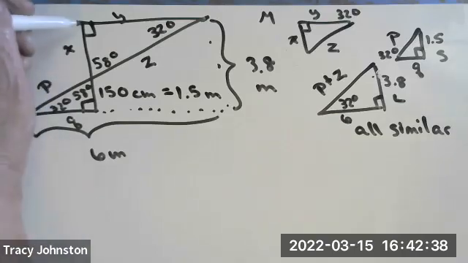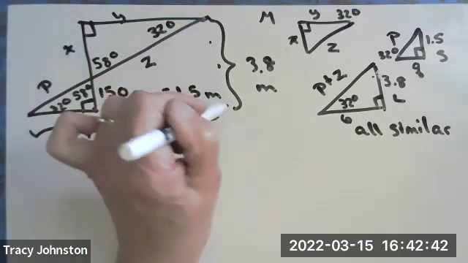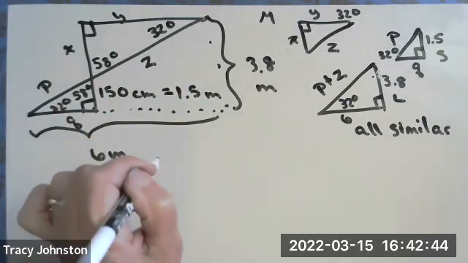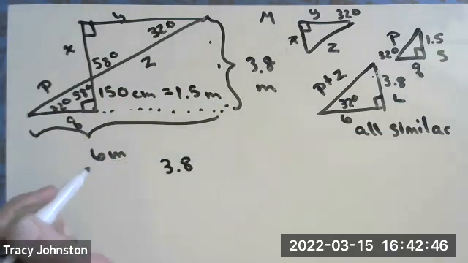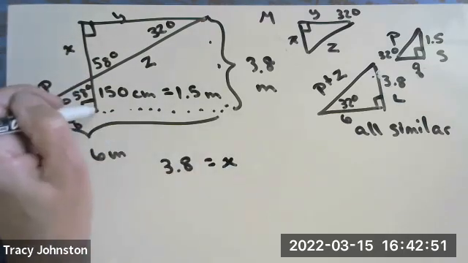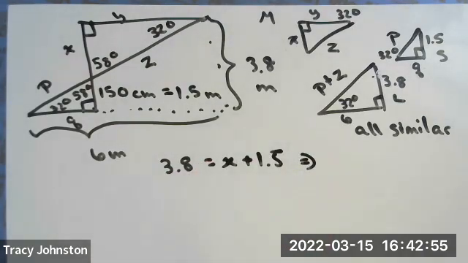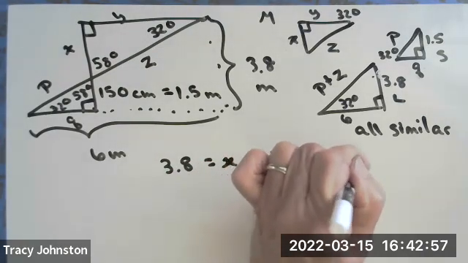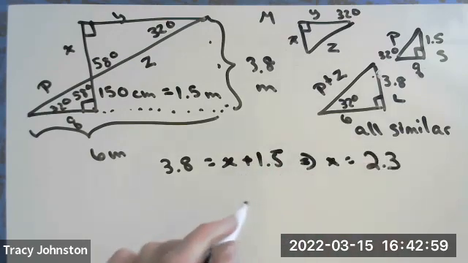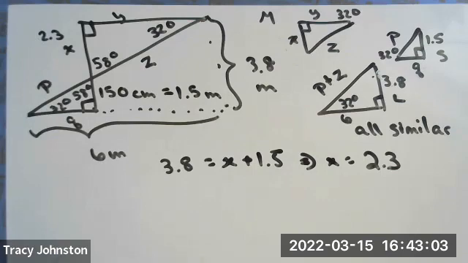So I know that this distance is the same as this distance. So that tells me that 3.8 is equal to this distance x plus this distance 1.5. And that tells me that x is equal to 2.3. So now I have x as 2.3.